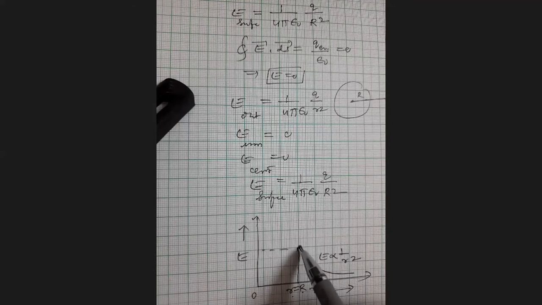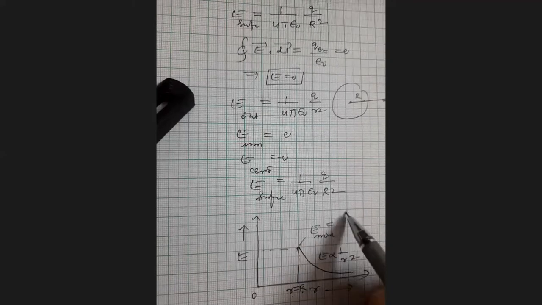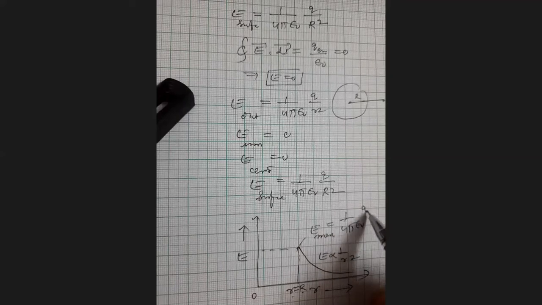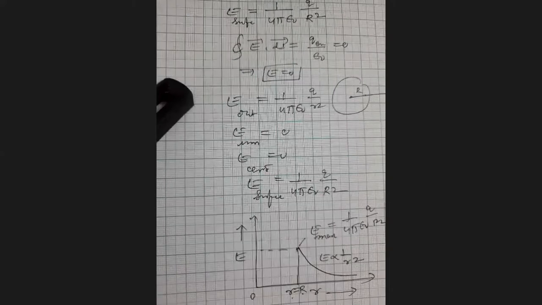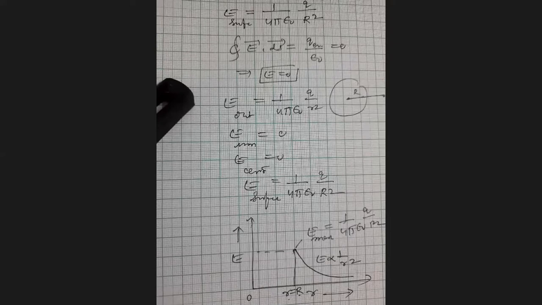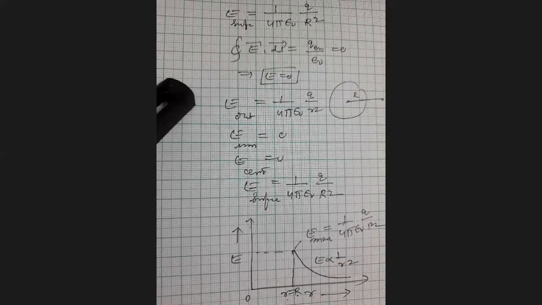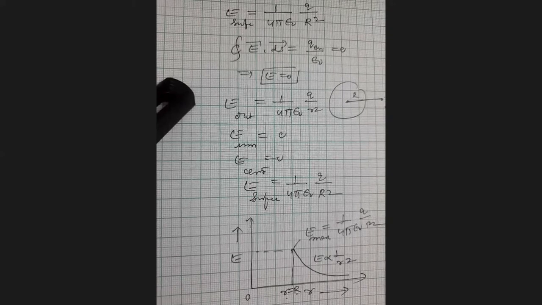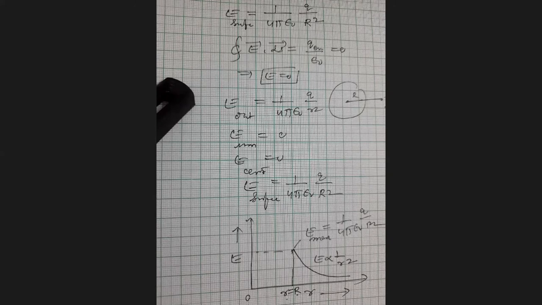So E is maximum at the surface, that maximum value being 1 by 4 pi epsilon naught Q by R square. So this graph shows how the electric field strength varies with the distance from the center of the conducting sphere or spherical shell. Like this, we can apply the Gauss law for finding the electric field strength outside of the spherical shell, or inside, or on the surface of the conducting sphere or spherical shell.